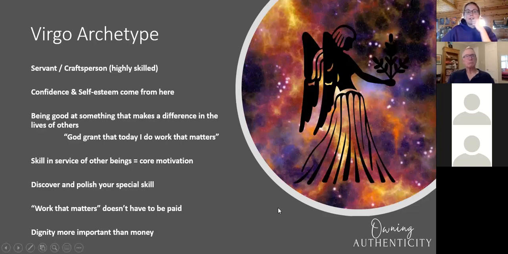The other side of Virgo, and this is again such a necessary archetype, is the servant. As he says, it sounds very classist, like the servant has a low status in society, but it's not really meant like that. It's more like a craftsperson, an electrician or a teacher, somebody that has a skill that they're now serving their community with.